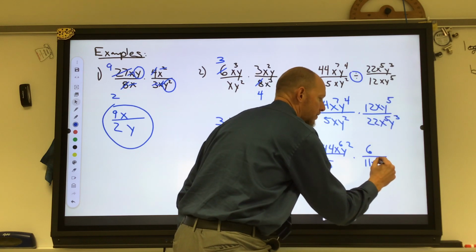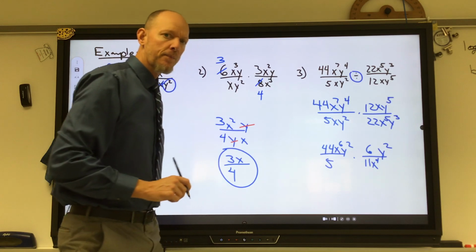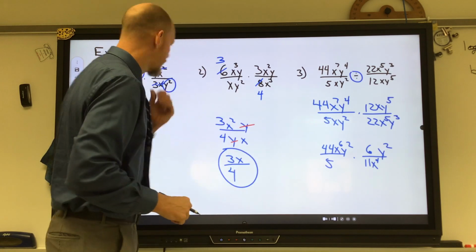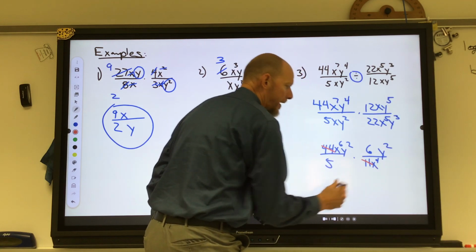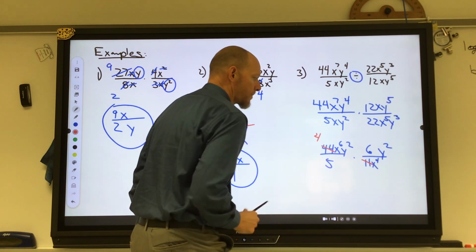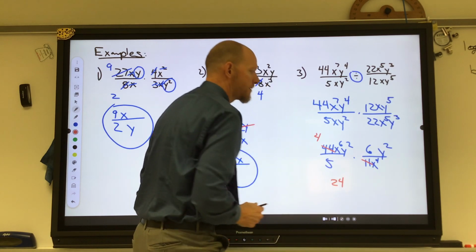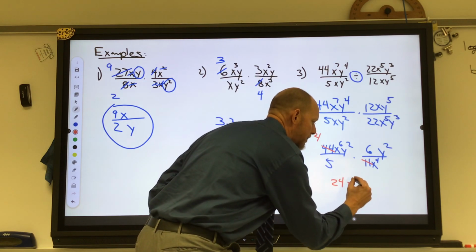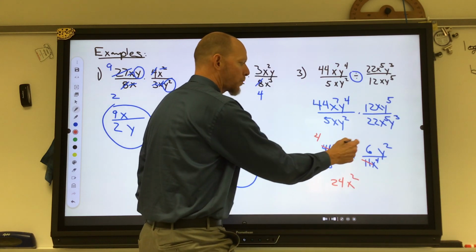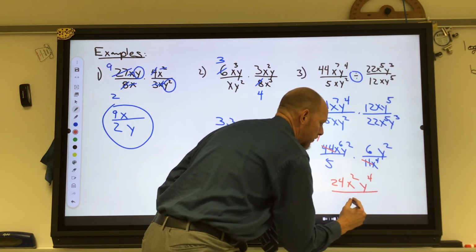This would be x to the 4th, and this is going to be a y squared. Now I'm going to combine these two fractions together. I see I have a factor of 11. So now I can say 24. I have x to the 6th over x to the 4th, which is going to be x squared, y squared times y squared, y to the 4th, all over 5.